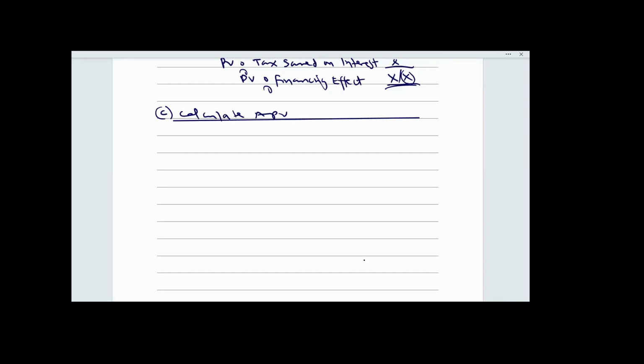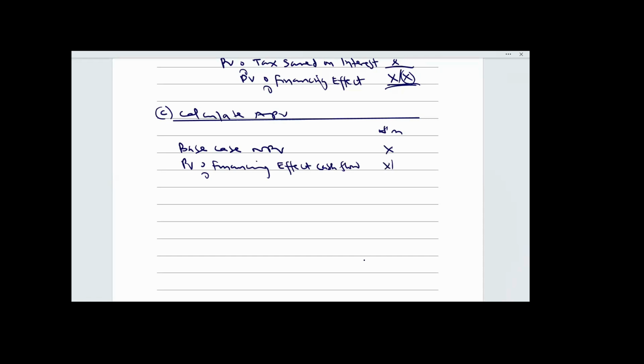Adjusted present value will be calculated as base case NPV plus or minus PV of financing effects, cash flow.